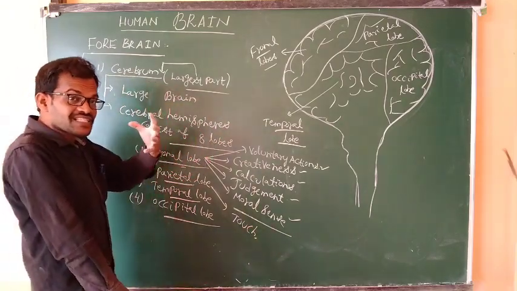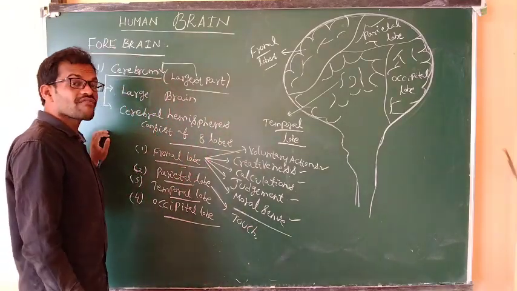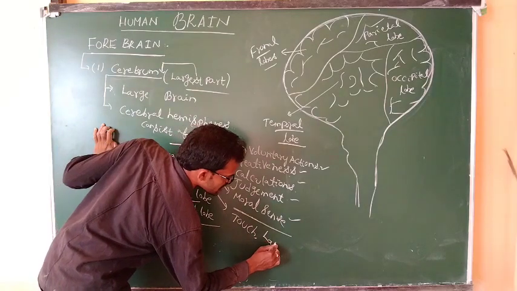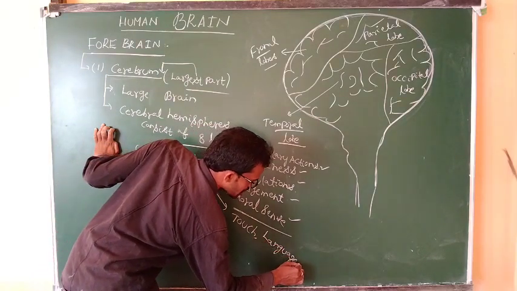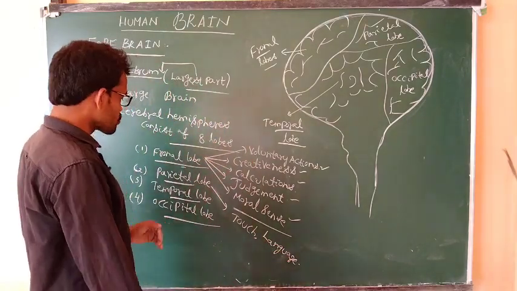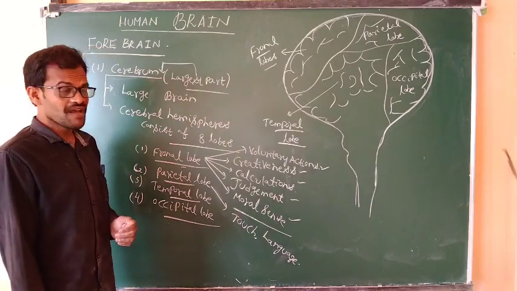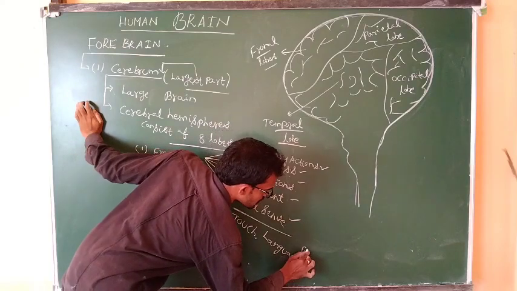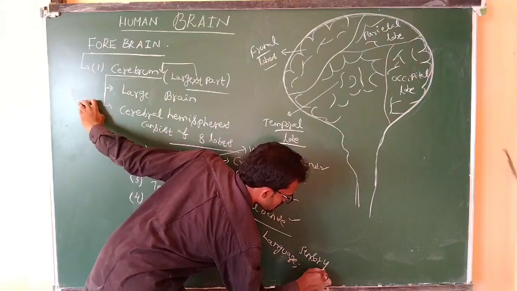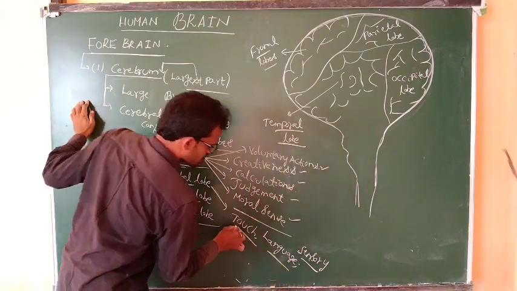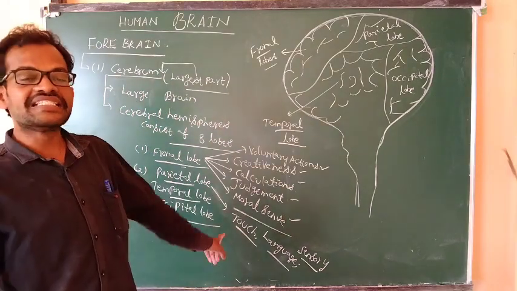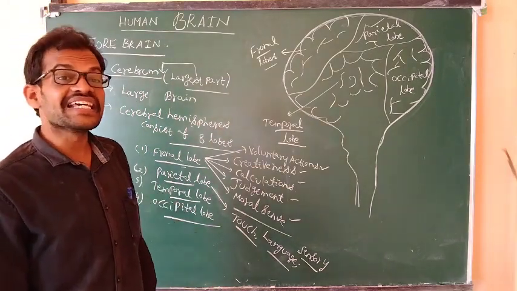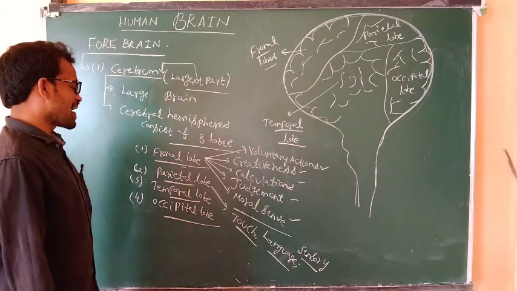You can respond to touch because the parietal lobe is responsible for touch. It also helps in learning languages, and sensory receptors are present in the parietal lobe.